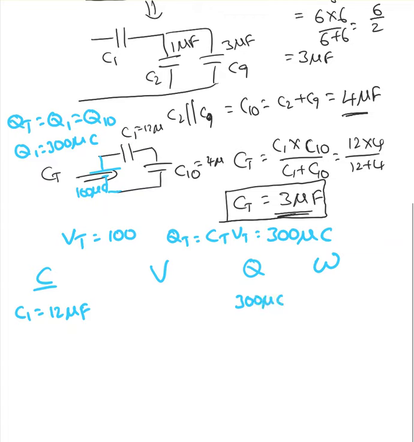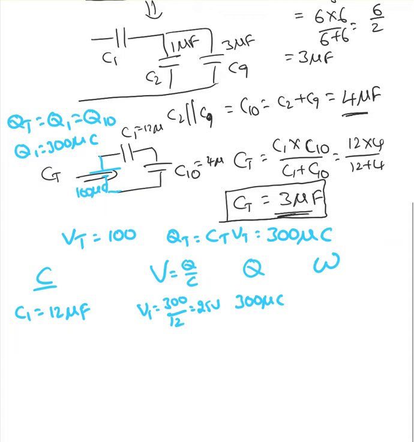So based on this, can I say V equal to Q over C? So V1 equal to 300 divided by C1, which is 12. So how much is that? Around 25 volt. So the voltage drop across C1 is 25 volt.